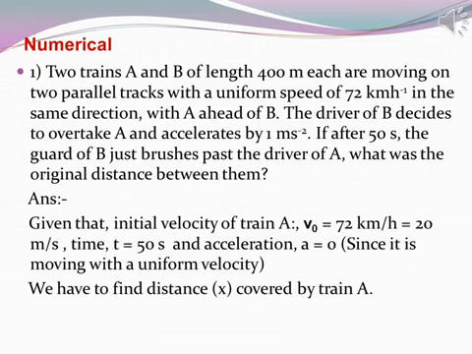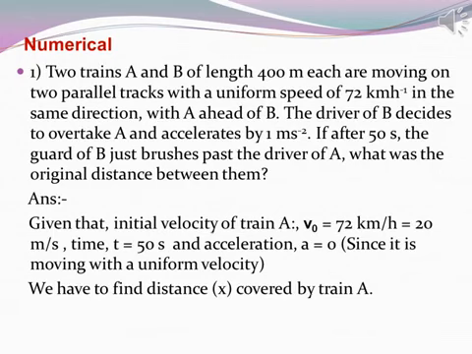Given that initial velocity of the train V0 is equal to 72 km per hour, which is equal to 20 meter per second. Here we have converted kilometer per hour into the corresponding value in meter per second, since 1 kilometer per hour is equal to 5 by 18 meter per second.